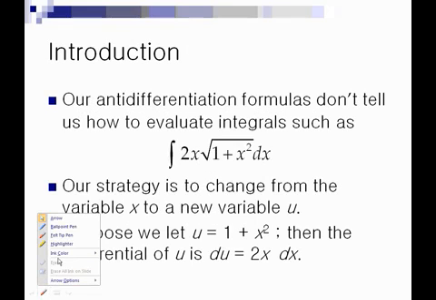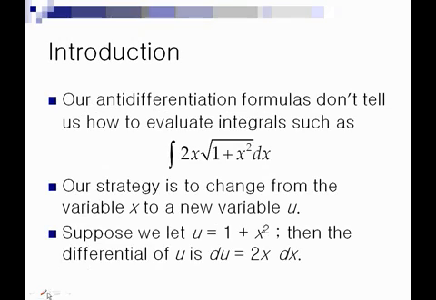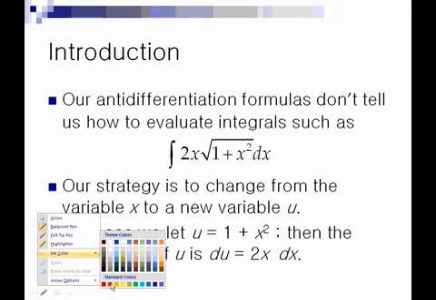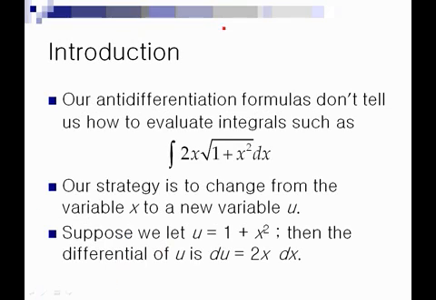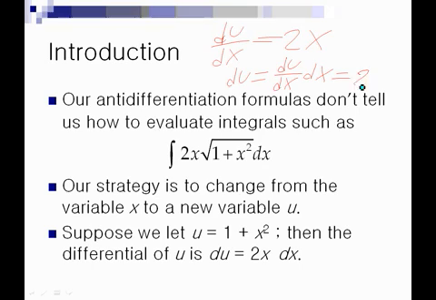Because if you considered what du dx is, that's a derivative, so that must be 2x. And then if you multiply by the differential dx, you can reasonably conclude that du is du dx times dx, which is, in this case, 2x dx.